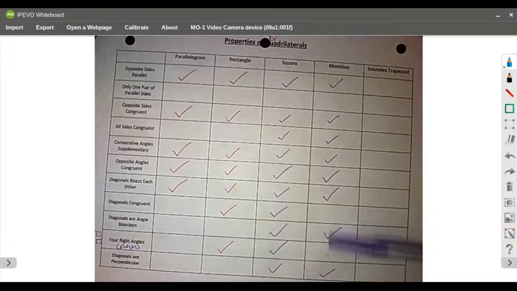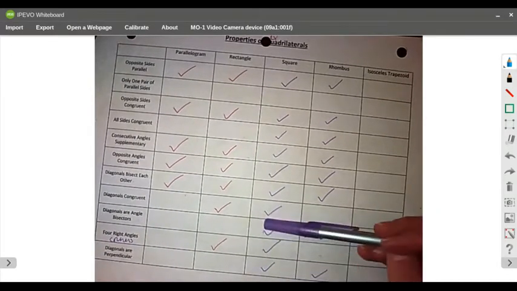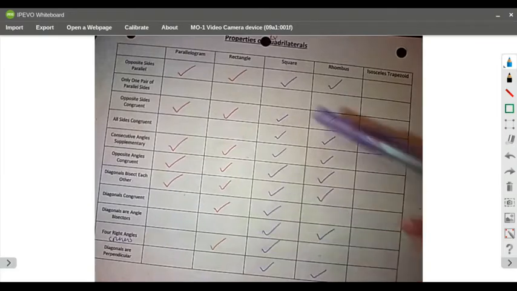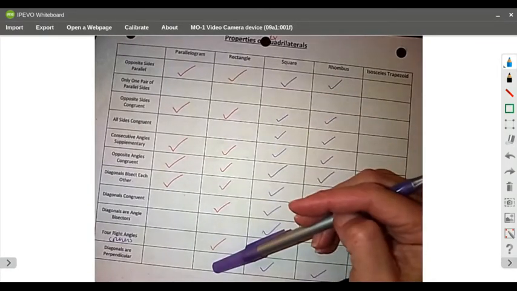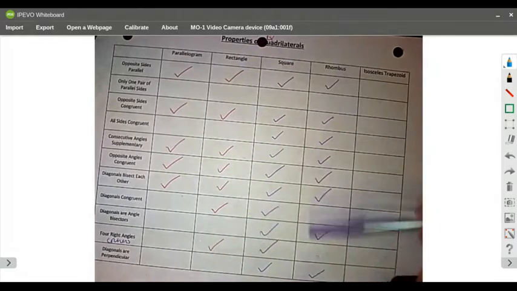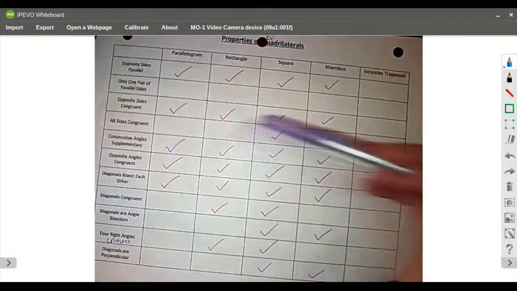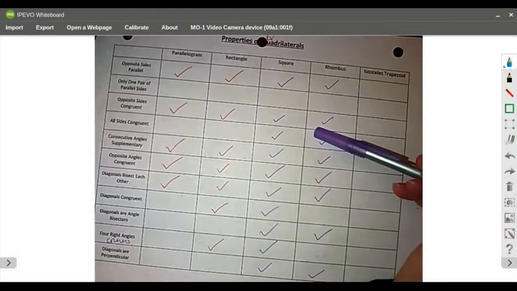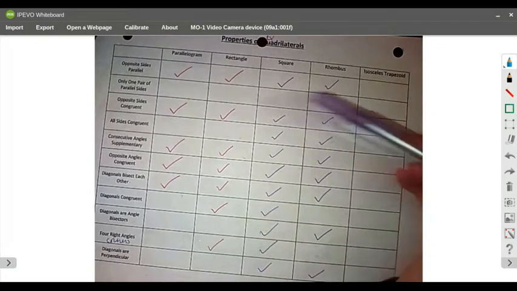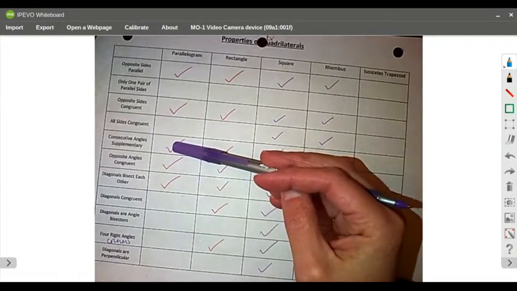And then notice that these extra properties of a rhombus are also true of a square. A square is special. A square has all the properties of a parallelogram, all of the properties of a rectangle and all of the properties of a rhombus. A square is considered to be a parallelogram, a rectangle, and a rhombus. So it's a specific type of rhombus, a specific type of rectangle, a specific type of parallelogram.